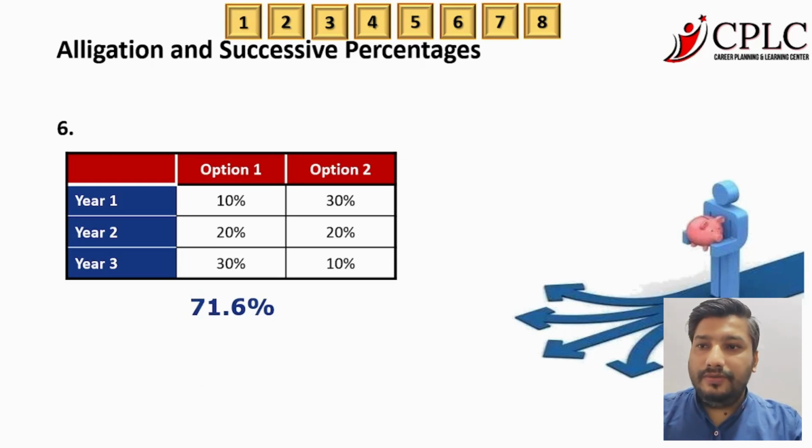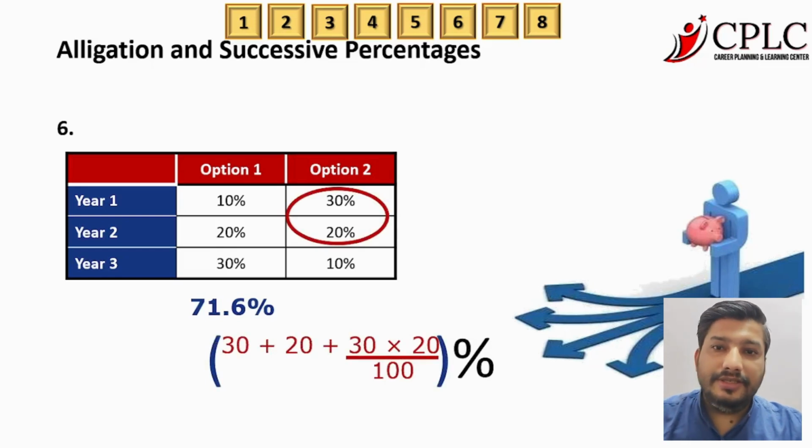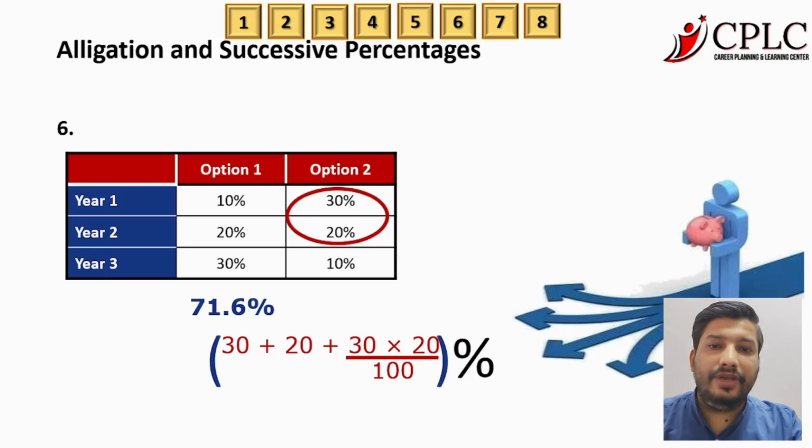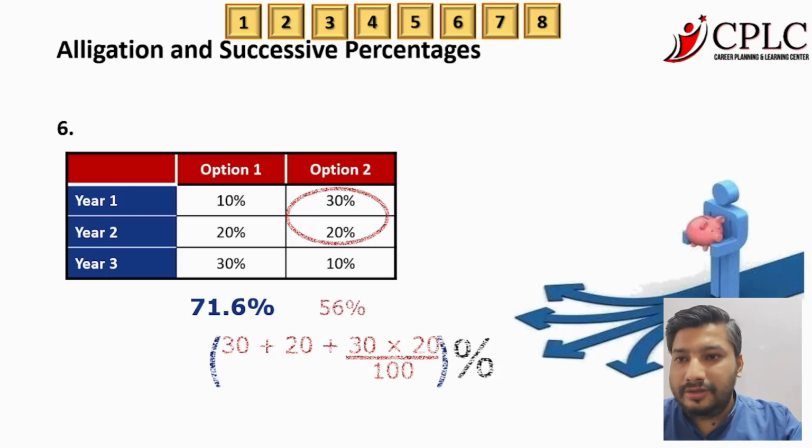This was option 1. Now let's talk about option 2. Option 2 is 30% and 20%, the first two numbers. Let's again substitute in the formula of successive percentage, A plus B plus AB upon 100. So 30 plus 20 becomes 50, and 30 times 20 is 600 upon 100, that is 6. So 56 is your answer.